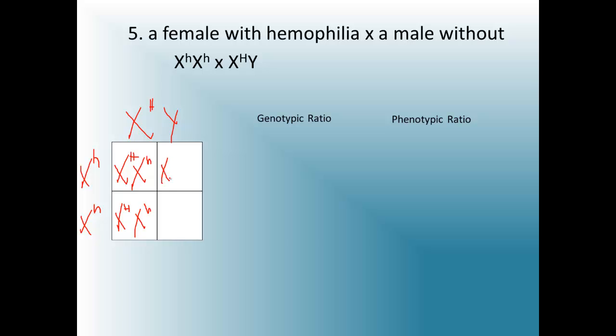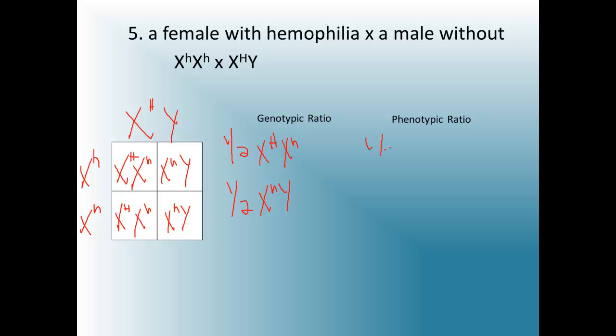Okay, I'm filling across, I'm filling down. X always comes before your Y. Okay, and this is what I get. So I have a 1/2 chance of an X big H, X little h female carrier, and a 1/2 chance of a male who has hemophilia.